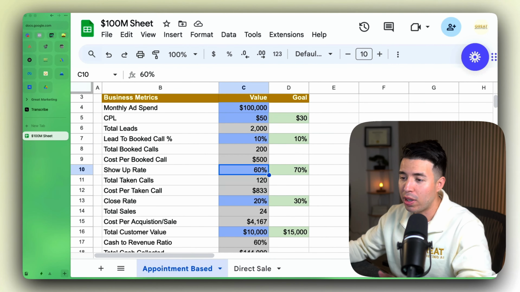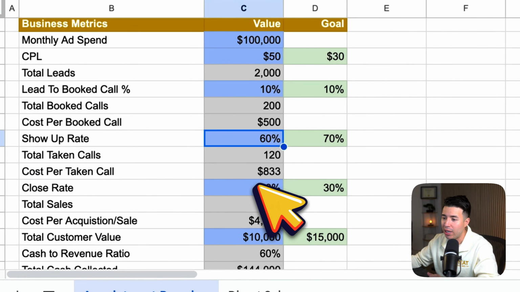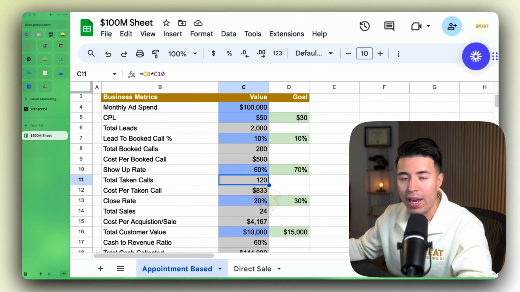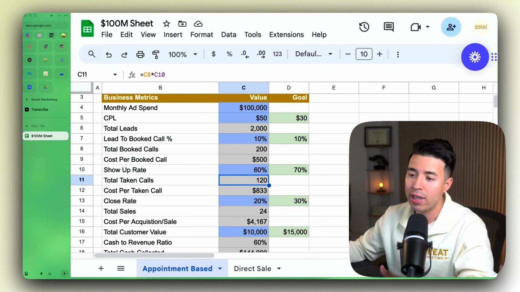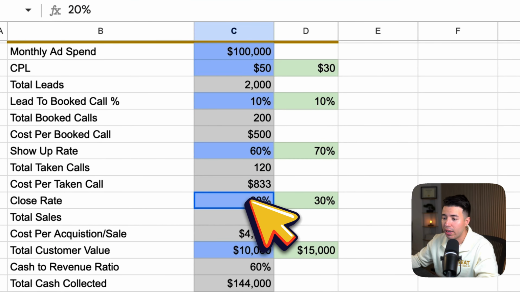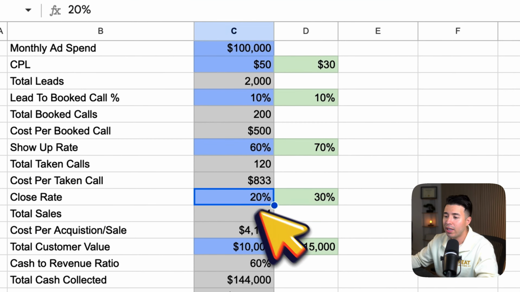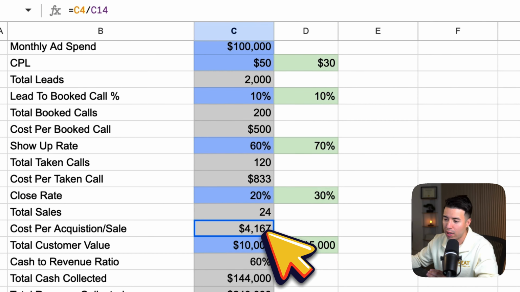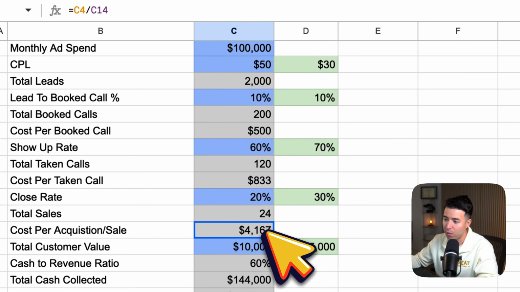So let's just say we're on the lower end here, 60%. That means the total taken calls that our sales reps are going to have is 120 sales calls. And if their close rate is 20%, then the total sales is going to be 24 and our cost per acquisition is going to be $4,167.